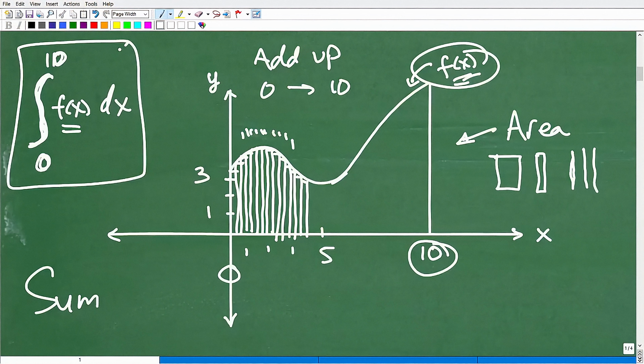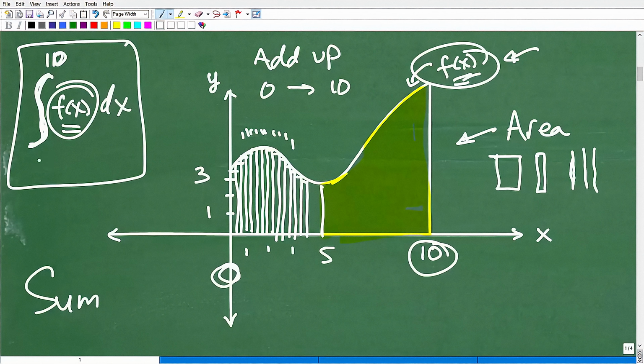Something like this is saying we can find the area underneath curves on a graph, right? We just need to know the function, and we need to know where we want to start and where we want to stop. So, for example, if I wanted to find the area between 5 and 10, this area right here that I highlighted, I would just write this differently.